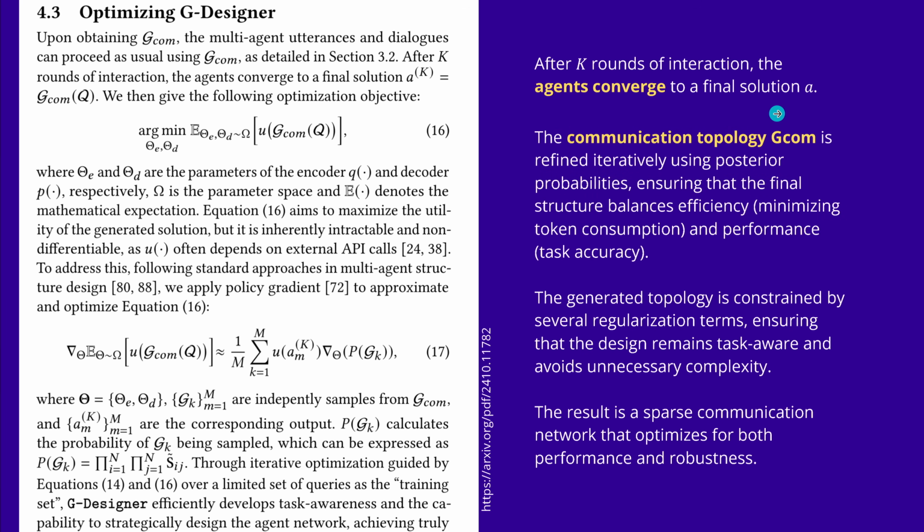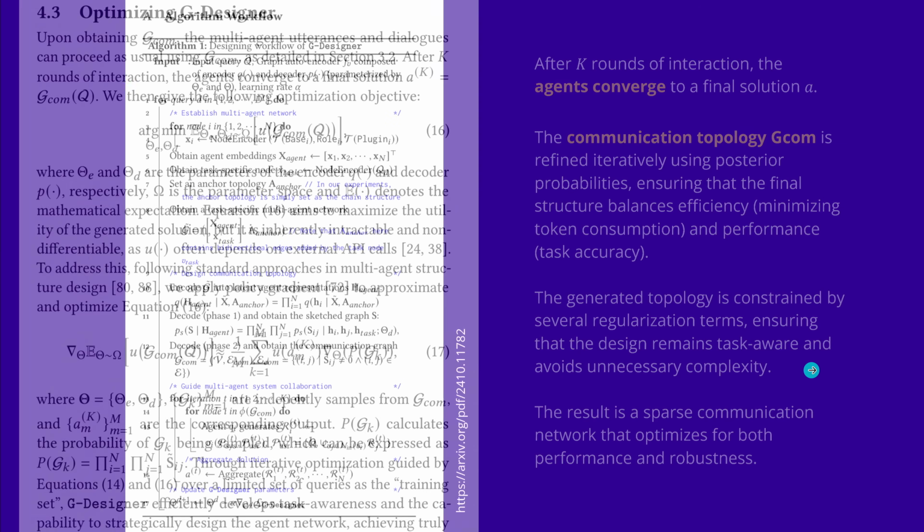What we want: the communication topology Comm is now refined iteratively using the posterior probabilities, ensuring that the final structure balances, you remember my 3 points, efficiency, task accuracy, and end-to-end. The result is a sparse communication network that optimizes for both performance and robustness. And as I told you, we want a topological complexity that is adequate to the causal complexity of the query.